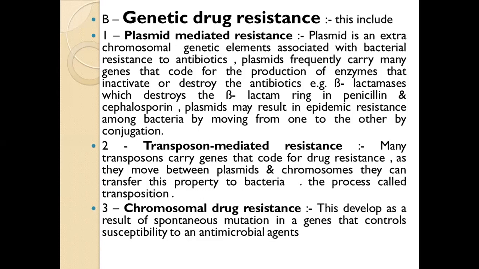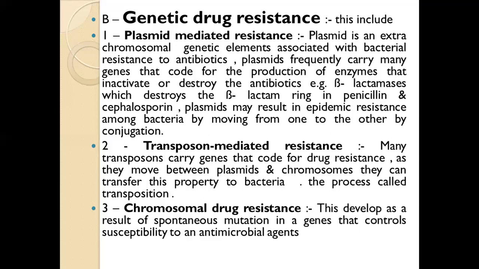The plasmid is self-replicating. The replication of a plasmid is independent of the replication of the bacterial chromosome. So plasmids carry many genes that code for production of enzymes that destroy or inactivate antibiotics. For example, beta-lactamases that destroy beta-lactams are produced by gram-negative bacteria, especially E. coli and Pseudomonas aeruginosa.